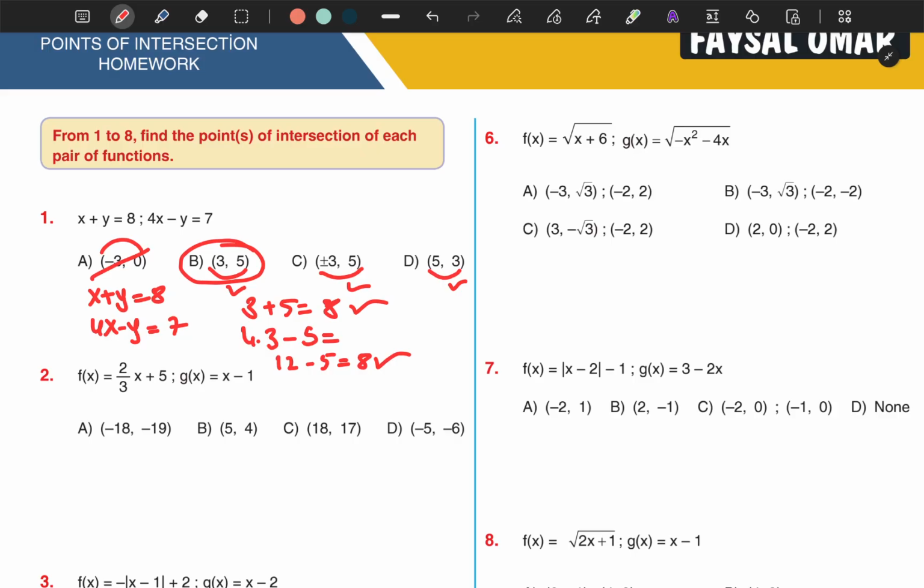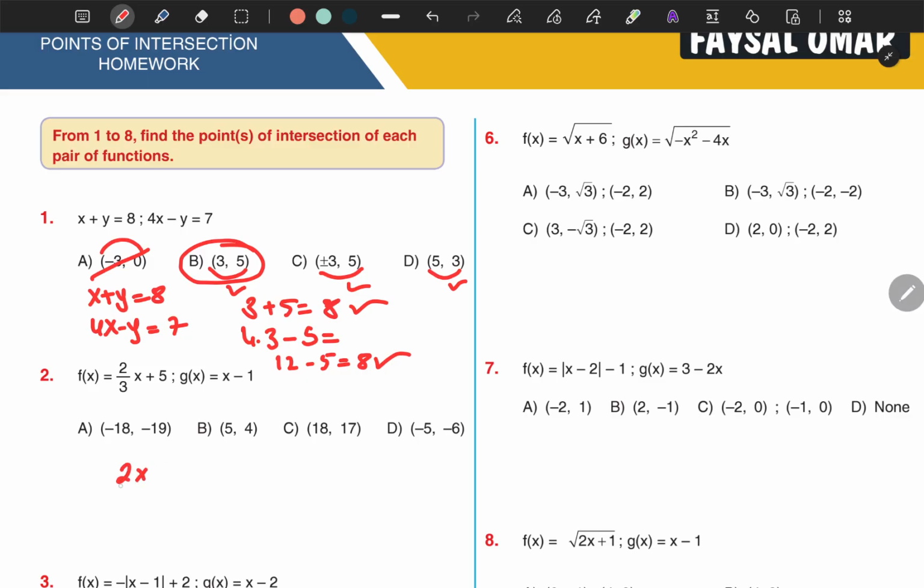Okay guys, for the next one I have to replace again. Let me first of all replace. When you look at the options, I have to solve this way as well.